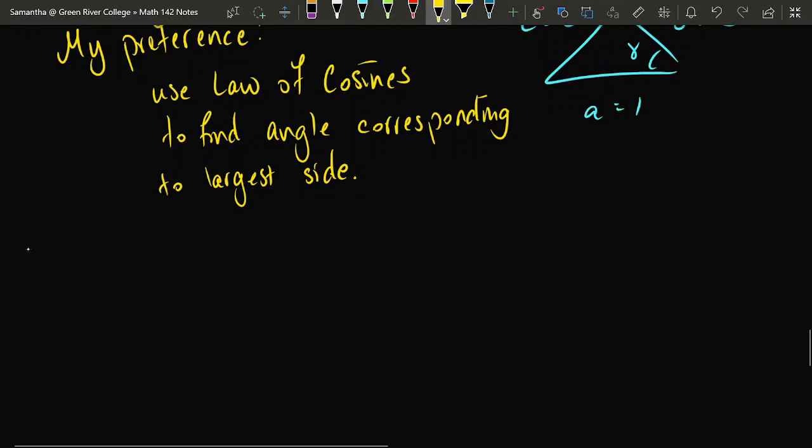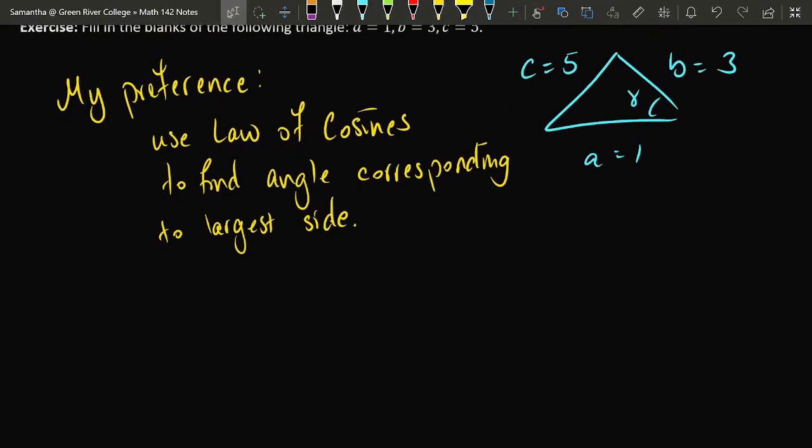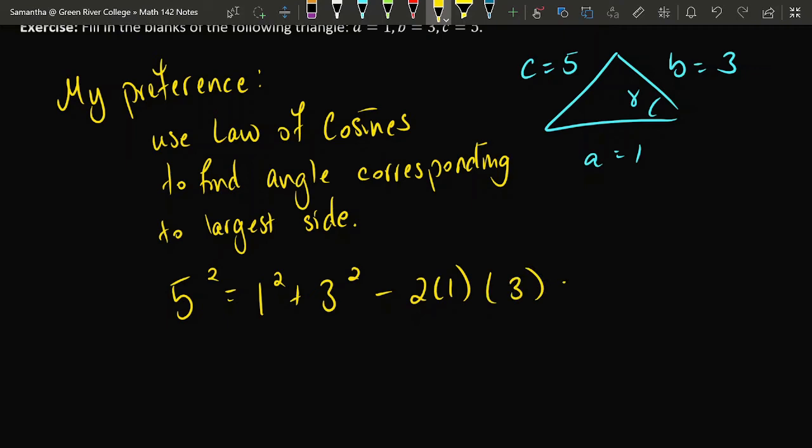So to that end, the largest side is c, the corresponding angle is gamma. So I'll use the version of the law of cosines that has a space for gamma, which says that c squared is equal to a squared plus b squared minus 2 times a times b times cosine of gamma.